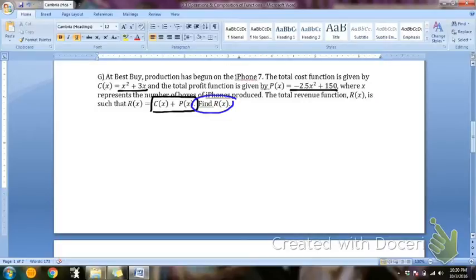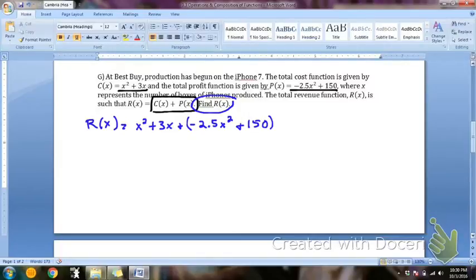Of course we can. So the C of x function is x squared plus 3x. The P of x function is negative 2.5, and we can even put this in parentheses if you want to, 2.5x squared plus 150. We know that this is equal to the R of x function.